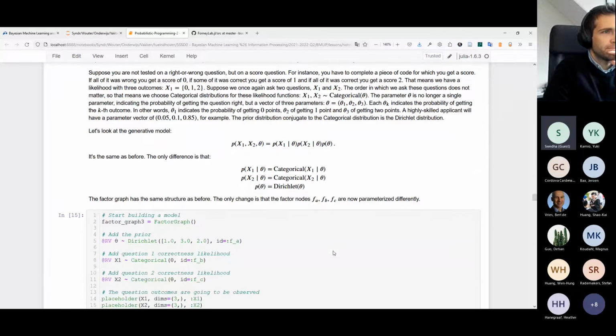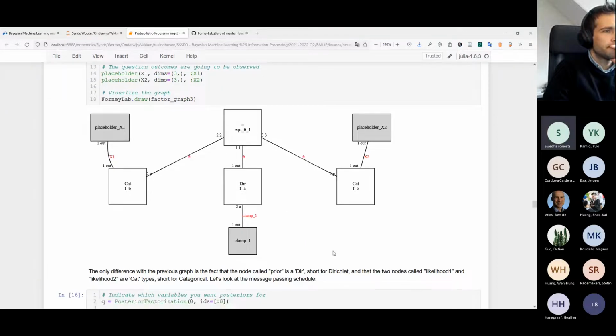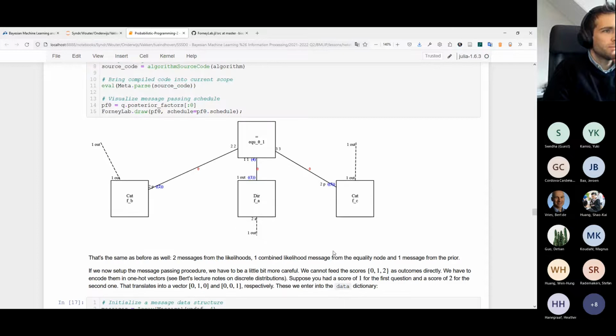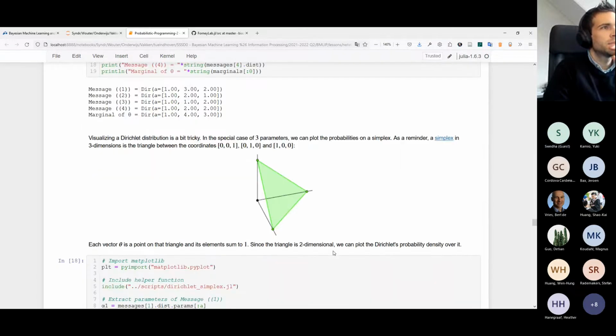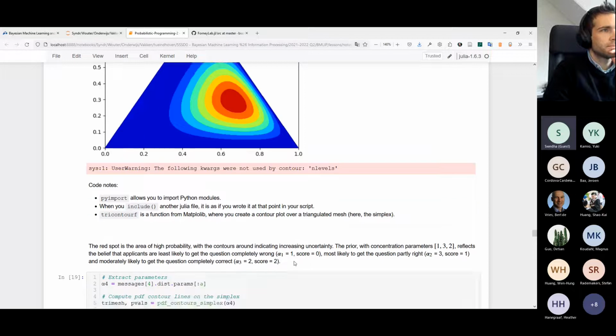Could you go further down? Yeah, I think it's this one. You want the messages visualized? Yes, this one. So after this, there were graphs for the marginal of theta, then for the prior.